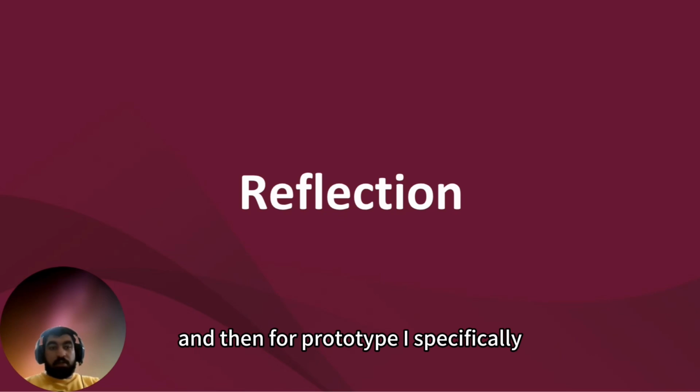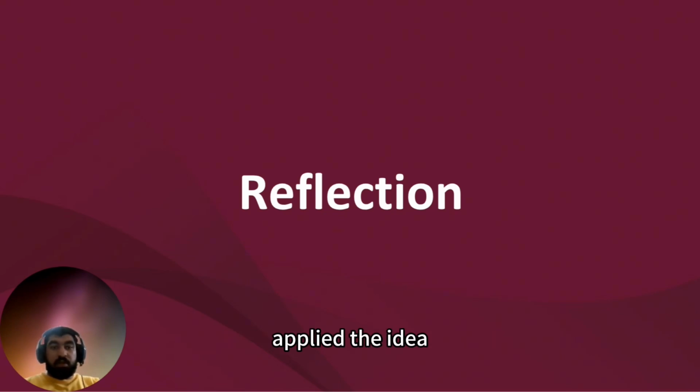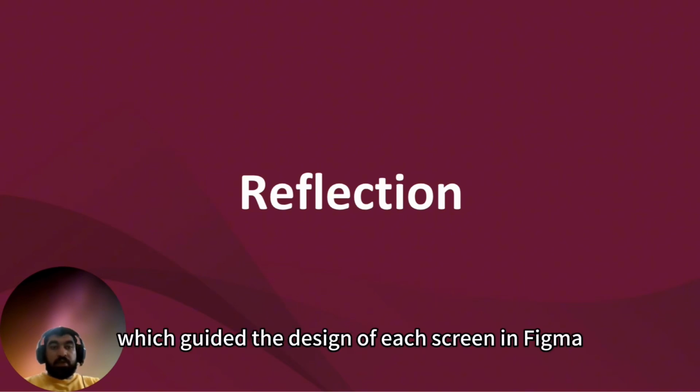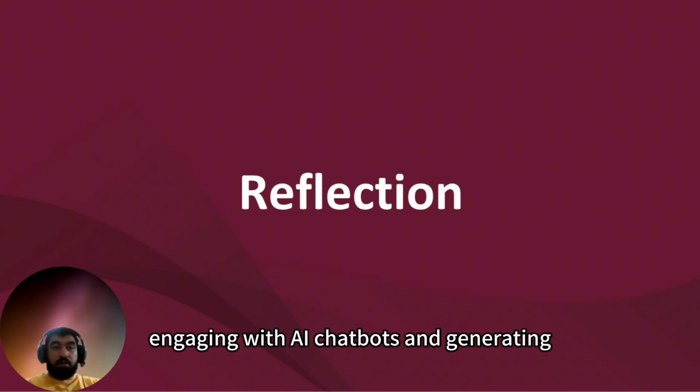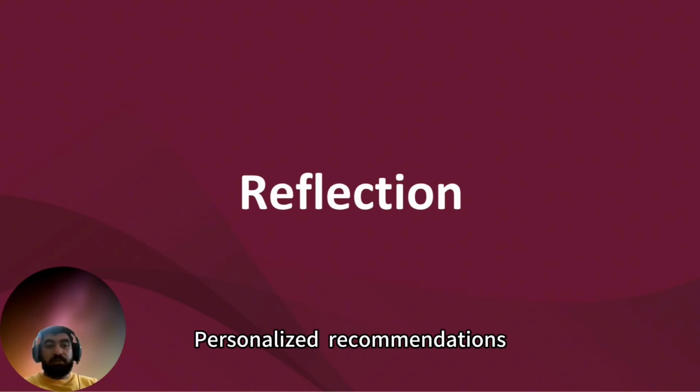And then for the output, I specifically applied the idea of use case realization, which guided the design of each screen in Figma, like accessing self-help modules, engaging with AI chatbots, and generating personalized recommendations.